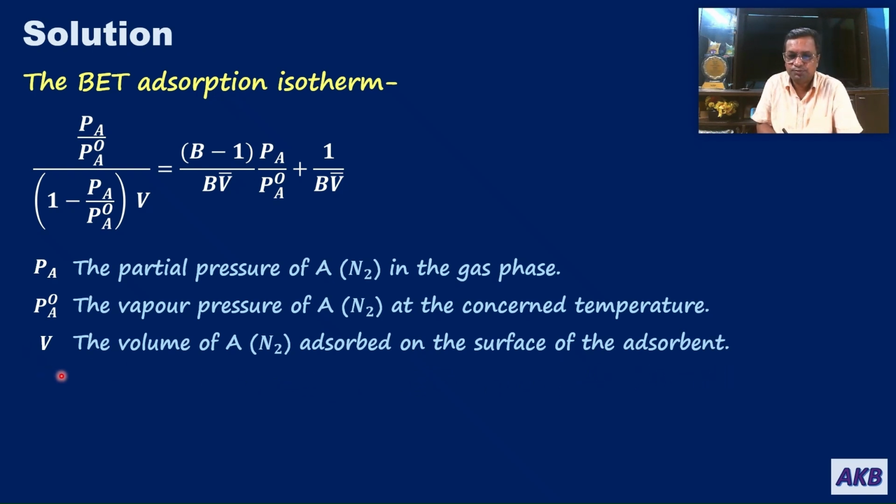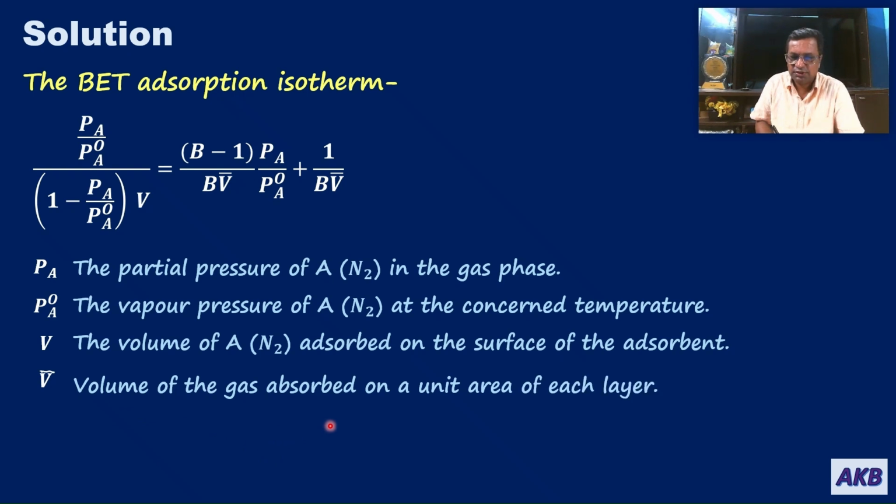It is simple volume, meter cube. For example, it is meter cube of nitrogen adsorbed on the surface of the adsorbent. Then V bar, it is the volume of the gas adsorbed on a unit area of each layer.